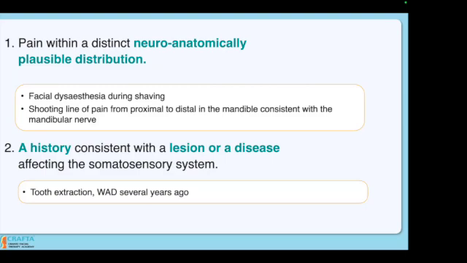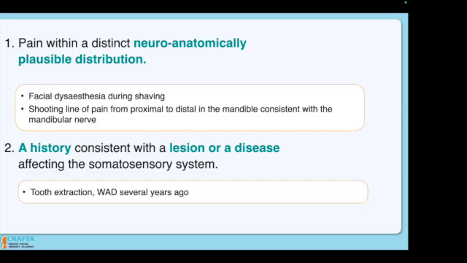So there is a sort of dysesthesia during shaving. In this case, there could be a shooting line of pain from proximal to distal along the line of his jaw, which can give maybe a problem of the mandibular nerve. So it could be involvement of the V3 nerve, the mandibular nerve.